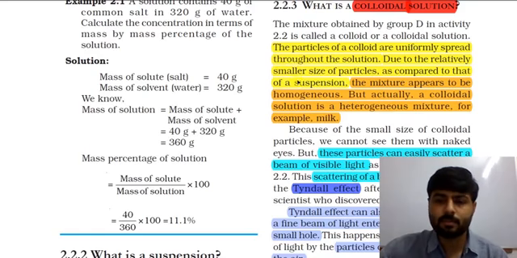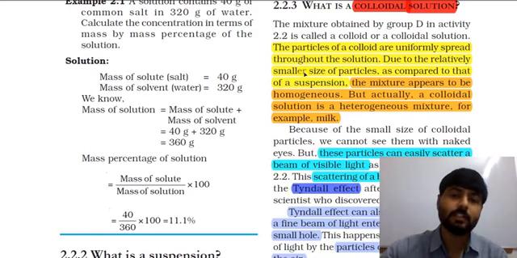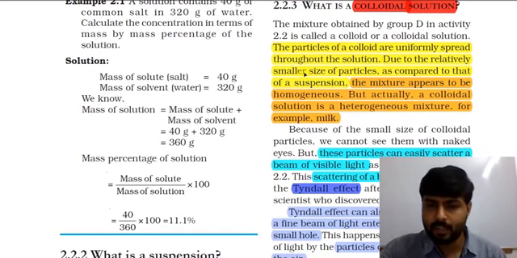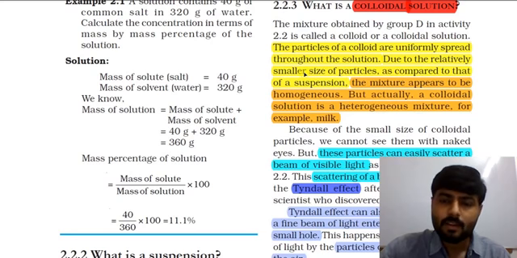Due to the relatively smaller size of particles as compared to suspension, they are uniformly distributed. So the particle size of colloidal solution is larger than solution but smaller than suspension.